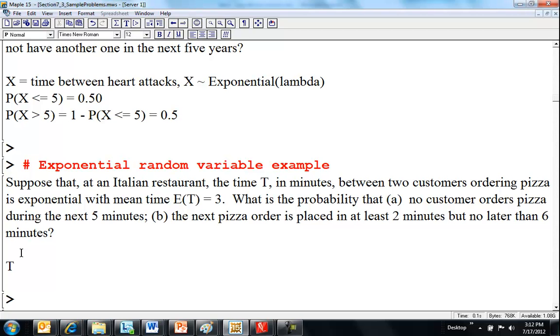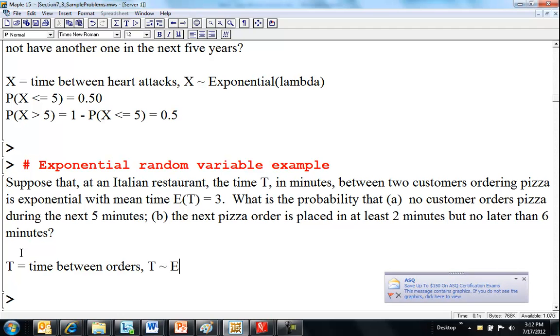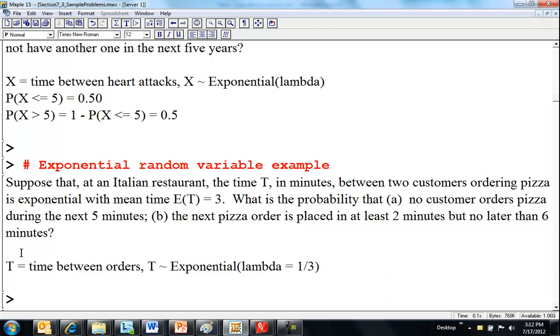So t equals time between orders, and t is exponential with a lambda of 1/3. The reason I know this is because the expected value of t is equal to 1 over lambda. If I know lambda, then I know the expected value is 1 over that. So it has that nice relationship there.